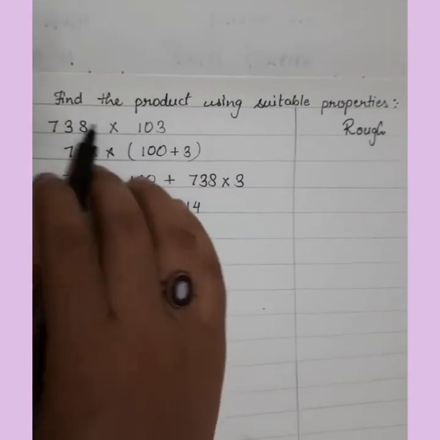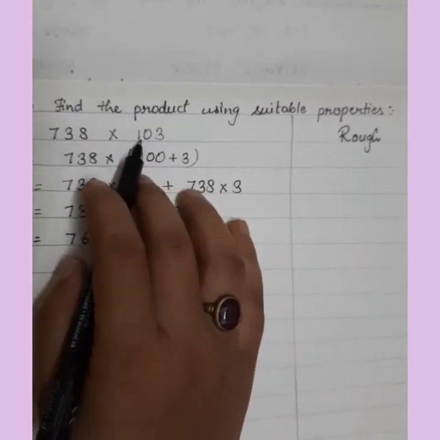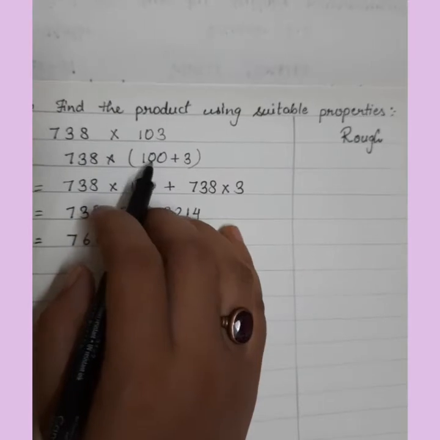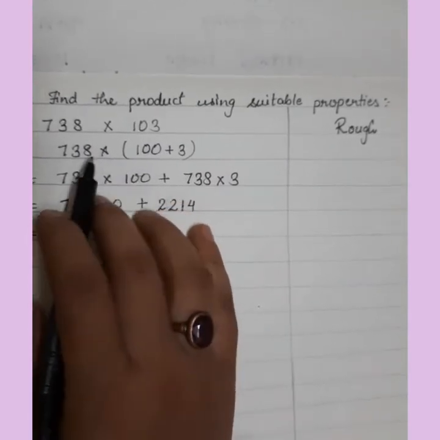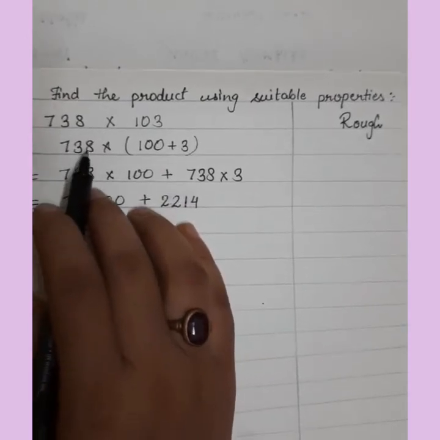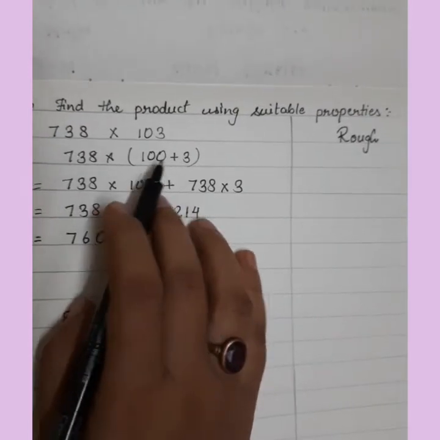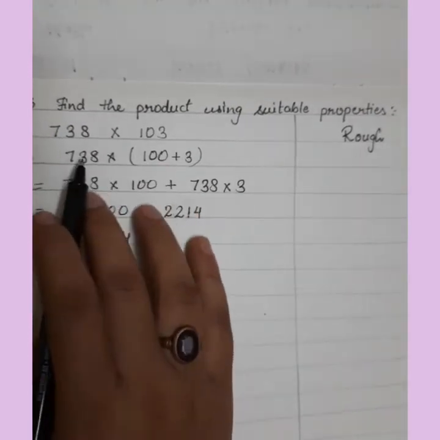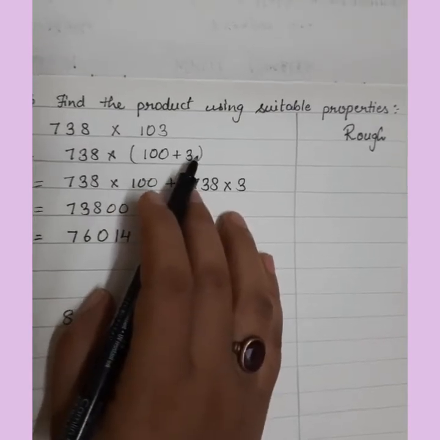So 738 when multiplied with 103, we can write it as 100 plus 3. Now when something is outside the bracket and inside the bracket addition or subtraction is there, we have to multiply the outside number with both the numbers separately.